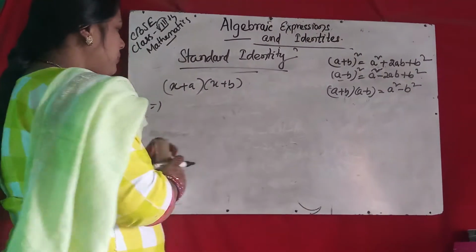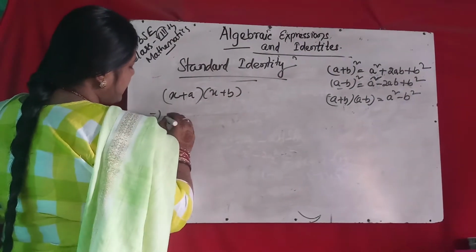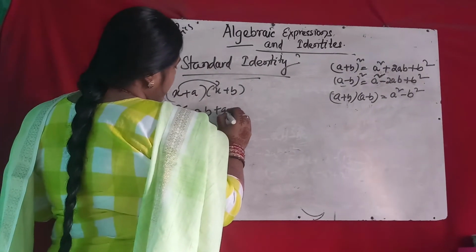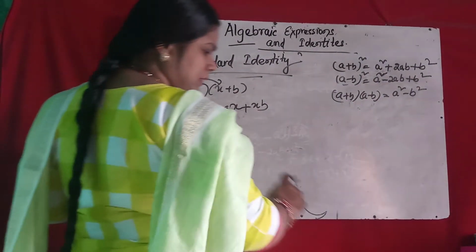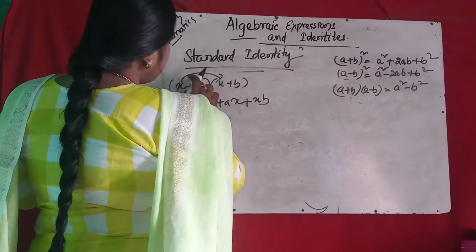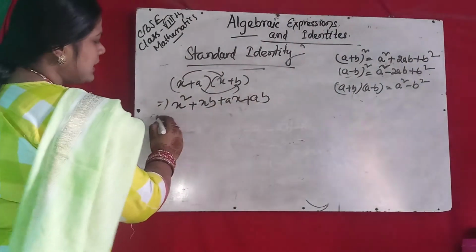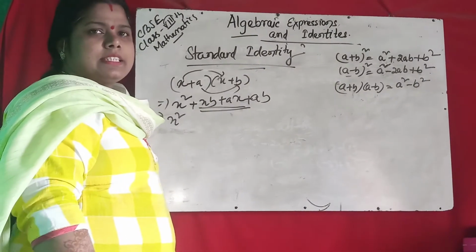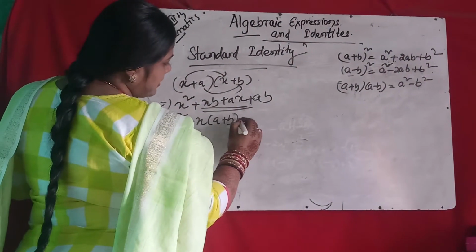Multiply: x square plus xb plus ax plus ab. Understand? Then x square, and in these two, xb plus ax, you find the common x, so x into (a plus b), plus ab.